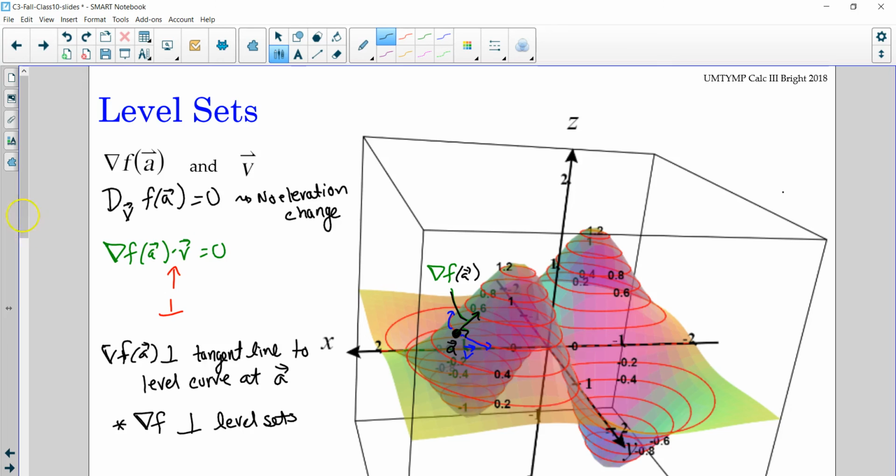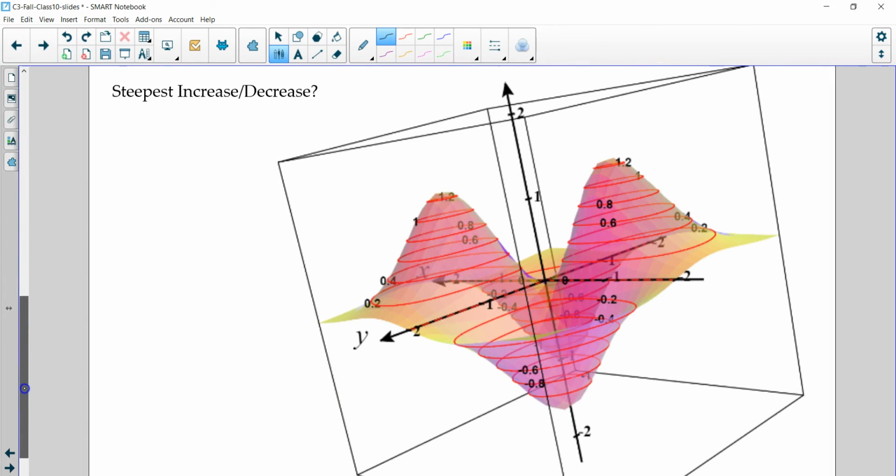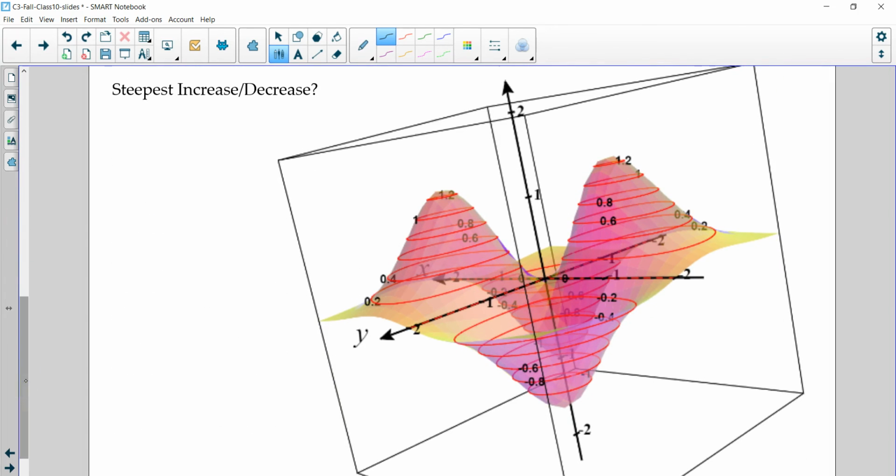And consequently, if I change my diagram a little bit now, and think about steepest increase and decrease, let's say I have a point right there.